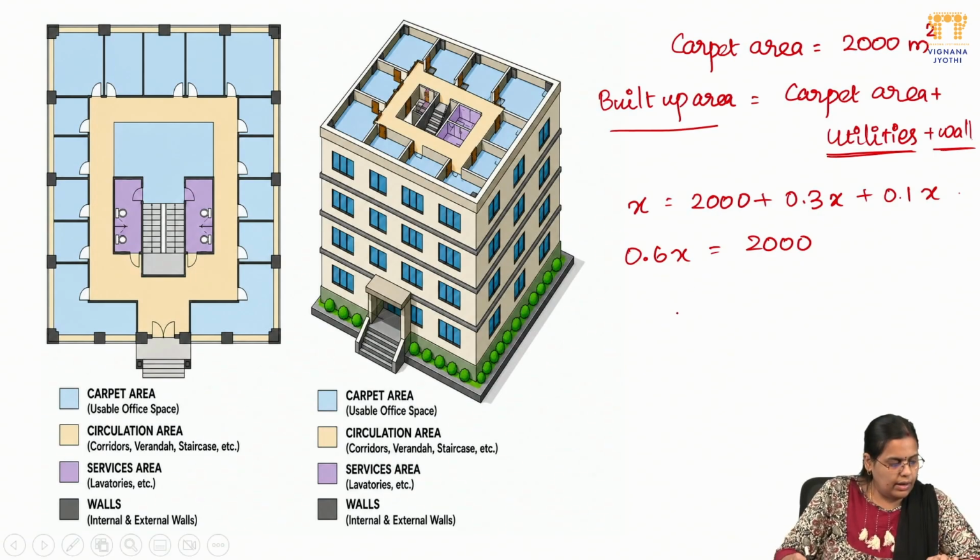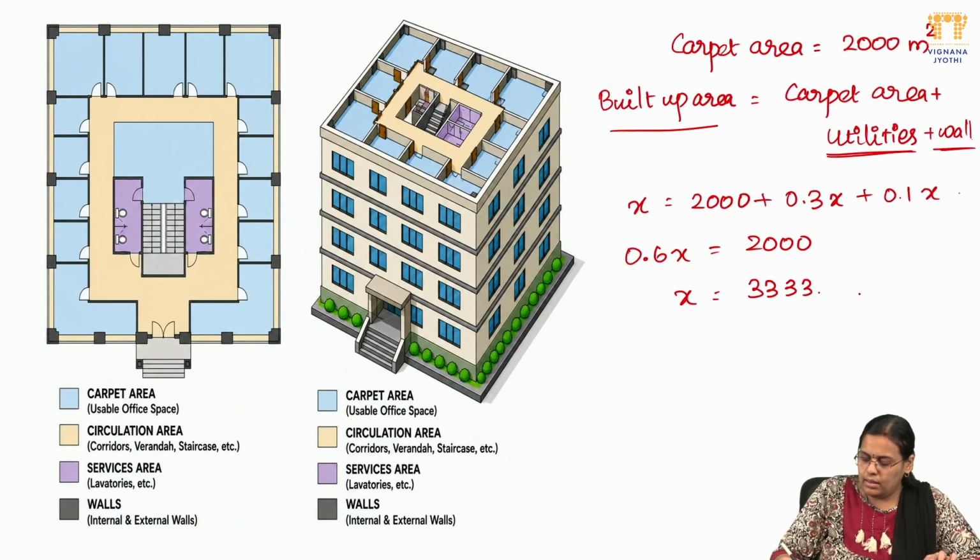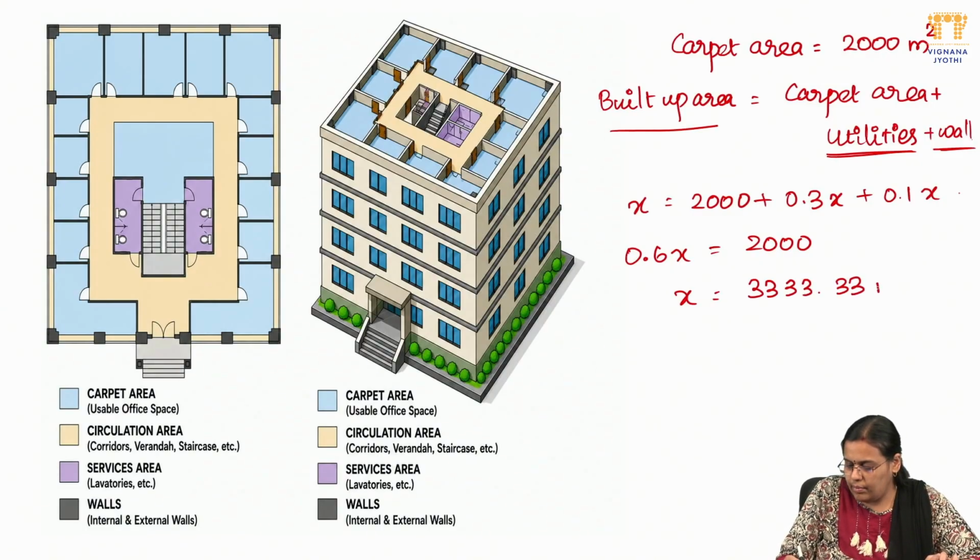So how much is X then? So X would be somewhere around 3333.33 meter square. So this is your built-up area.